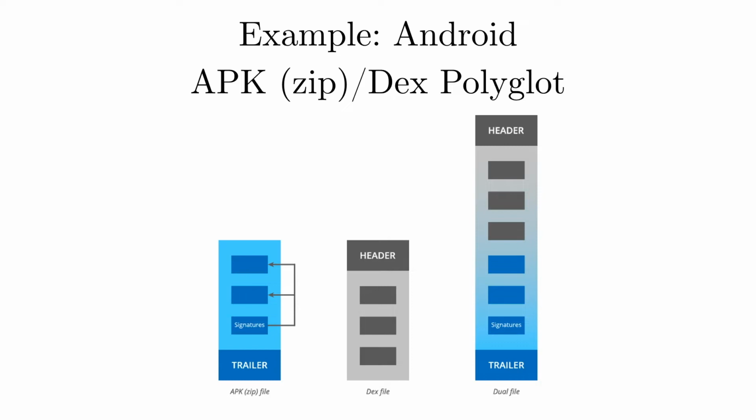So what happens is the code signature is compared against one version of the file, whereas when the code signing is validated and the executable is run, the other version of the file is what's actually executed. So this leads to the ability to execute arbitrary code on Android that hasn't been properly signed.